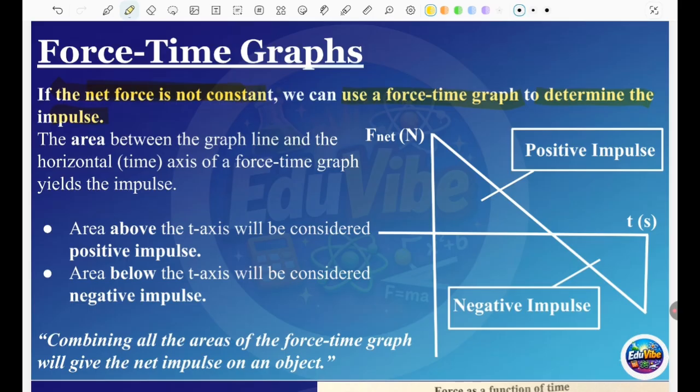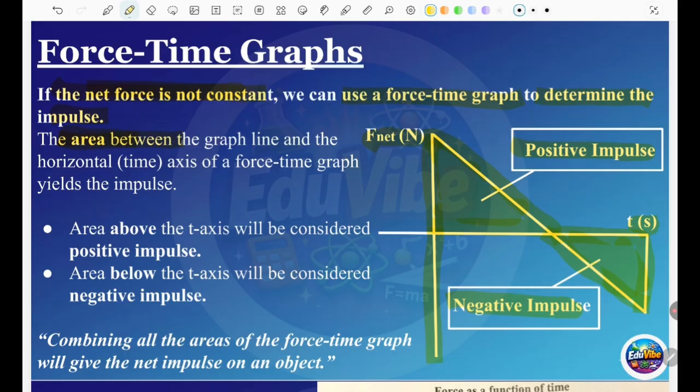So here we have a force time graph. This is the force and this is the time. Force is on the y-axis, time is on the x-axis. When we have something on the upper side, in the positive direction, we have a positive impulse. If we have something below, that is negative, so we take it as a negative impulse.